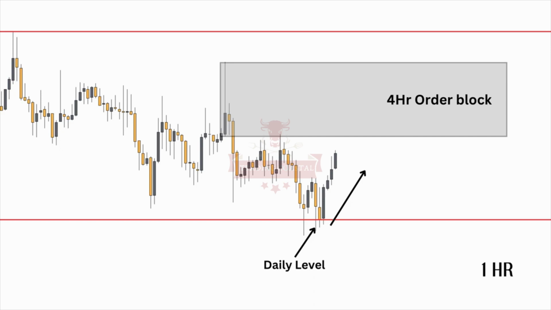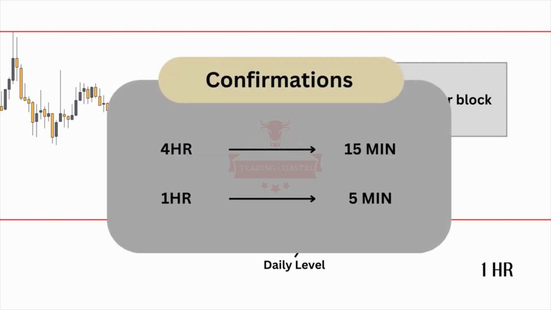So far we have applied price action and smart money concepts on the charts, and we have a 4-hour order block, which is an area of interest for trading. It is important to note that for a 4-hour time frame order block, we look for confirmation in 15 minutes, and for a 1-hour time frame order block, we look for confirmations in 5 minutes.